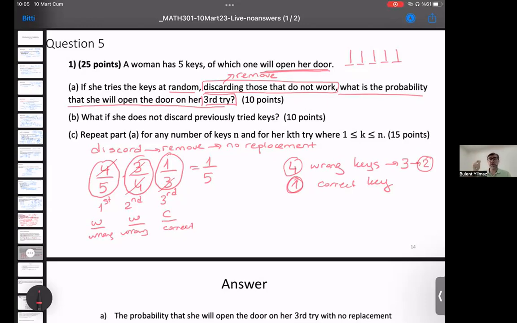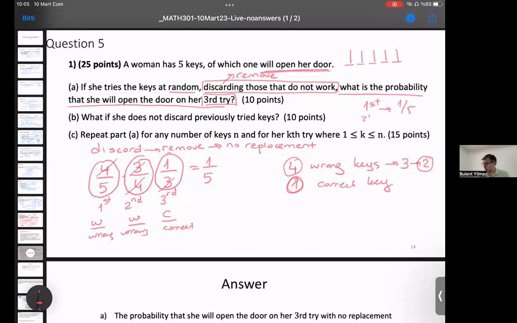If it were, what's the probability of opening the door in the first try, then it would be 1/5. But I'm asking, what's the probability of obtaining the door on the third try? Do you understand the difference between these two? So if it were the first try, then it would be 1/5.